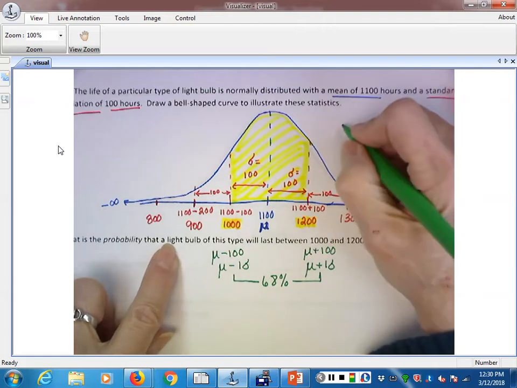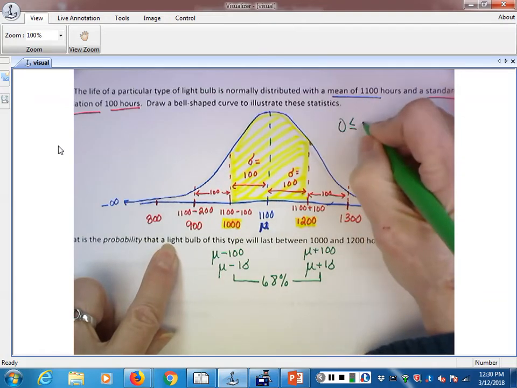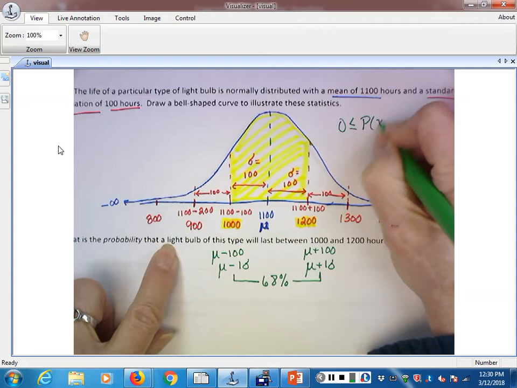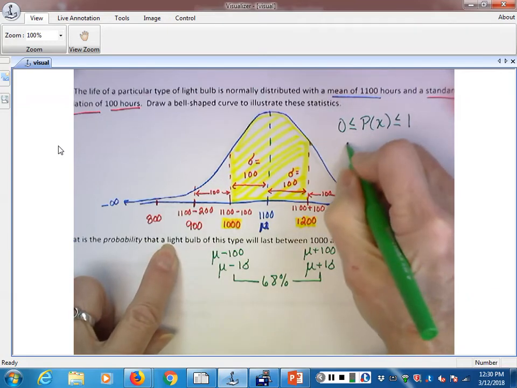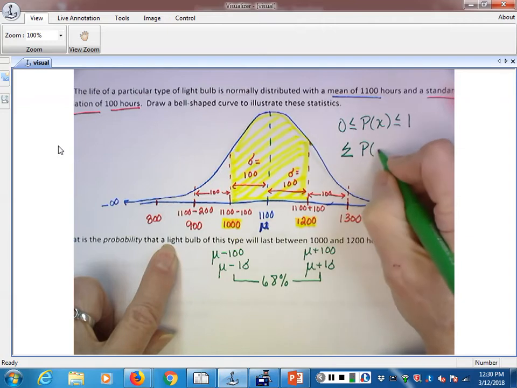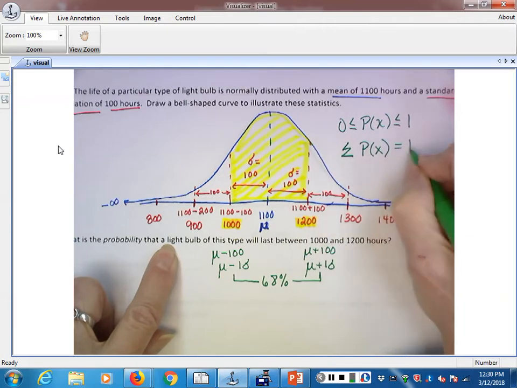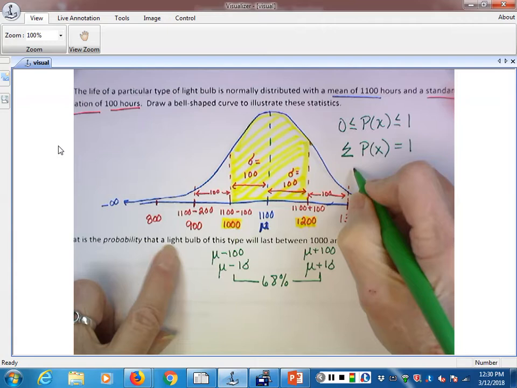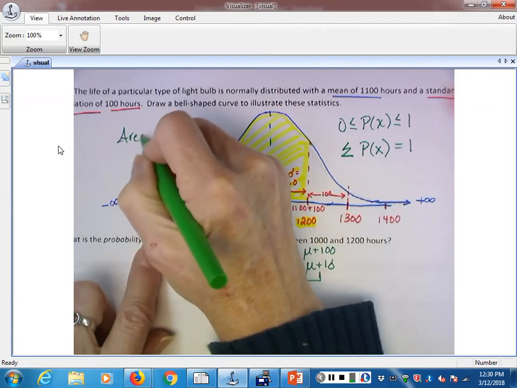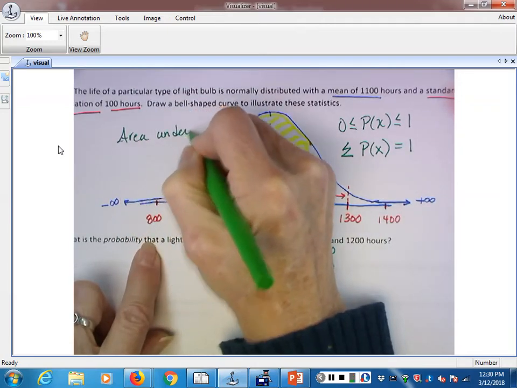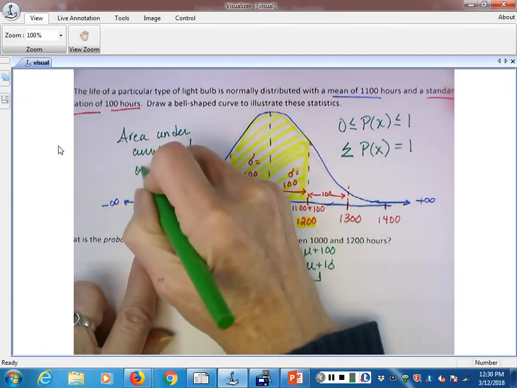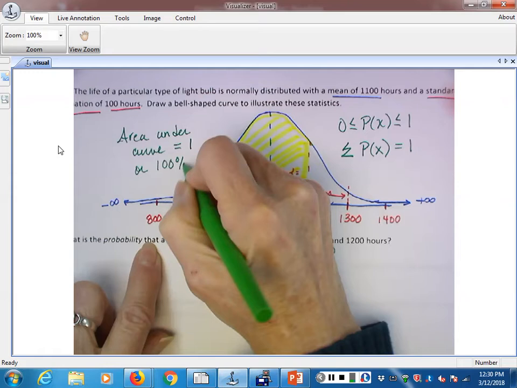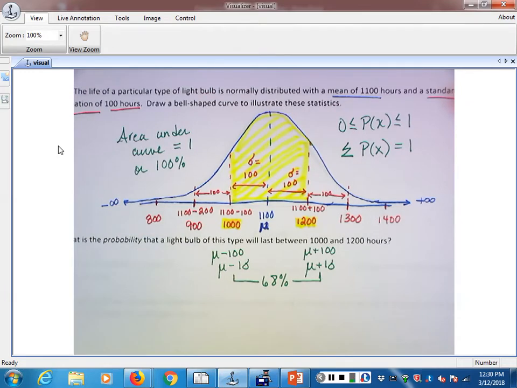All probabilities are between zero and 1, and the sum of all the probabilities is equal to 1, which tells you that the area under the curve equals 1 or 100%. Okay?